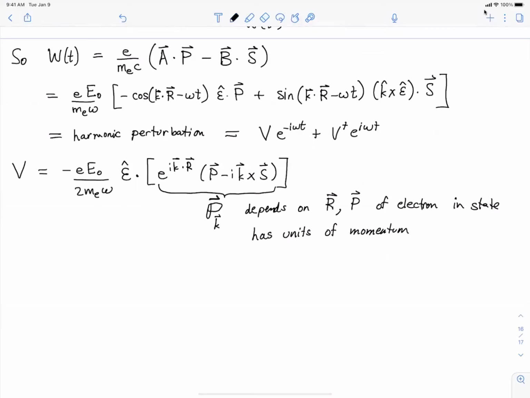And not only does it have units of momentum, it actually is approximately equal to the momentum if k is small. And that approximation, where k is small, is known as the dipole approximation.